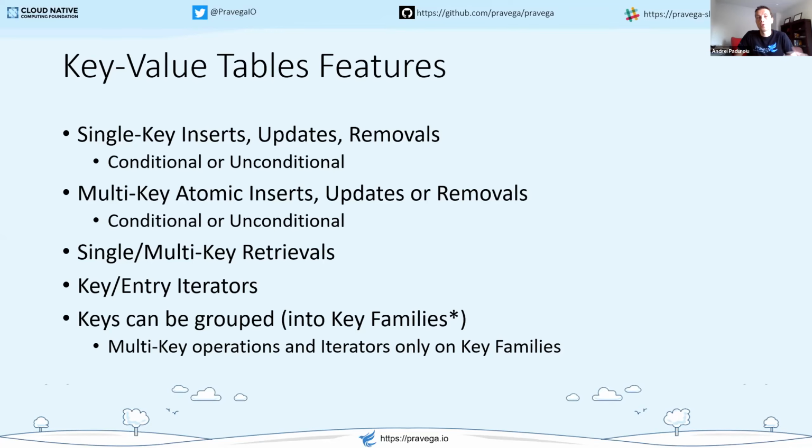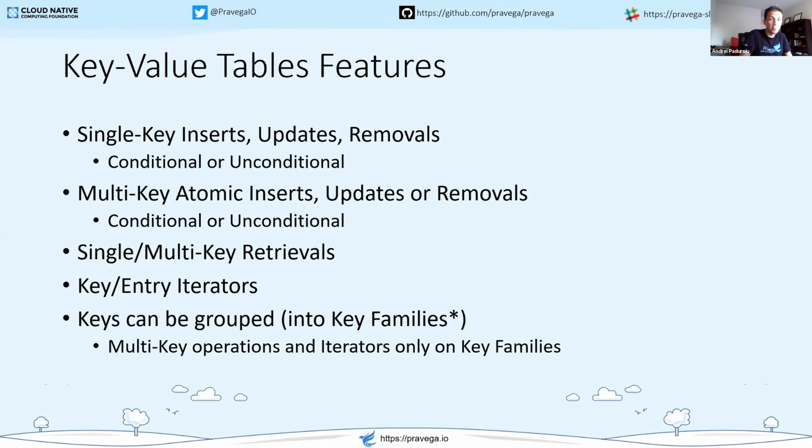So right now, when you create this, you have to define the number of partitions up front. And in order to support those multi-key atomic operations, those keys have to essentially be mapped to the same table segment. In 0.8, which is what we have right now, the way you do this is with a concept called the key family, and this is what we use for making sure those keys are hashed there.